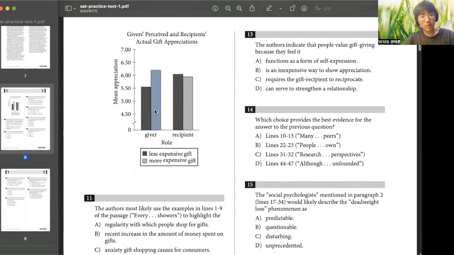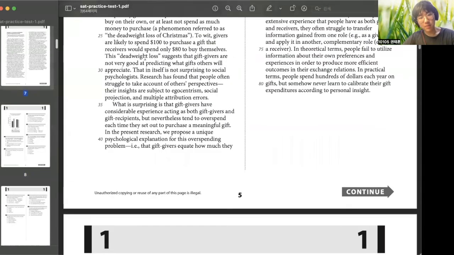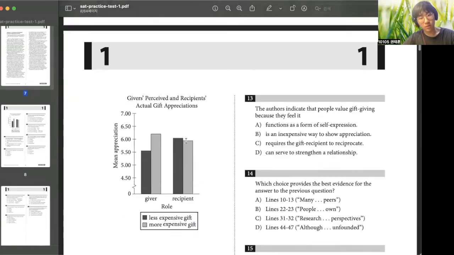But sometimes there are special cases where the interpretation of the passage itself and the graph need to be matched. These questions are more challenging because you have to interpret 2 things. So you guys have to be prepared for these questions too. First of all, keep in mind what the graph is telling you, and then you have to match it with the passage's arguments or interpretation itself.